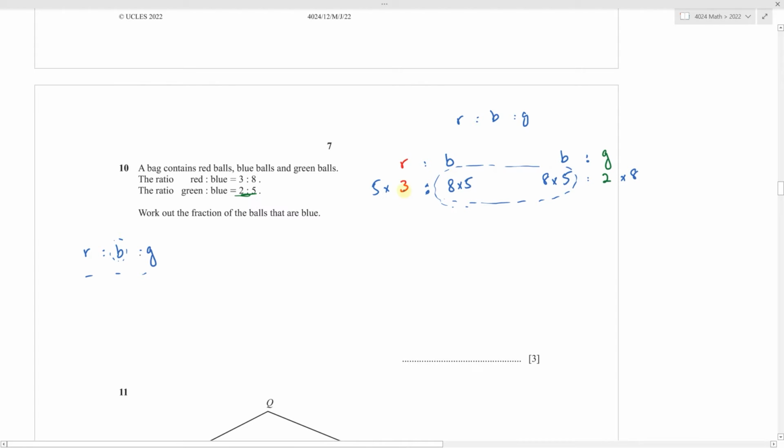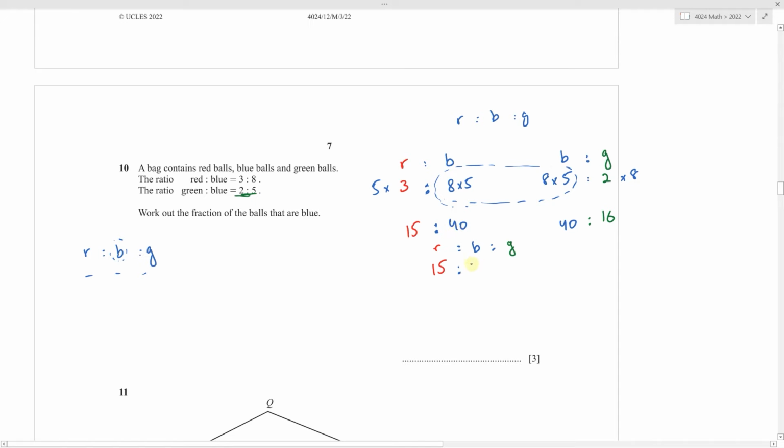So let me rewrite these ratios now. So 5 times 3 is 15, ratio 8 times 5 is 40. And then 8 times 5 is 40 with 8 times 2 is 16. Now this is 40 as well as this is 40. So this is now the same ratio. So I can write this as a single ratio now where my red is 15, red ratio blue ratio green.